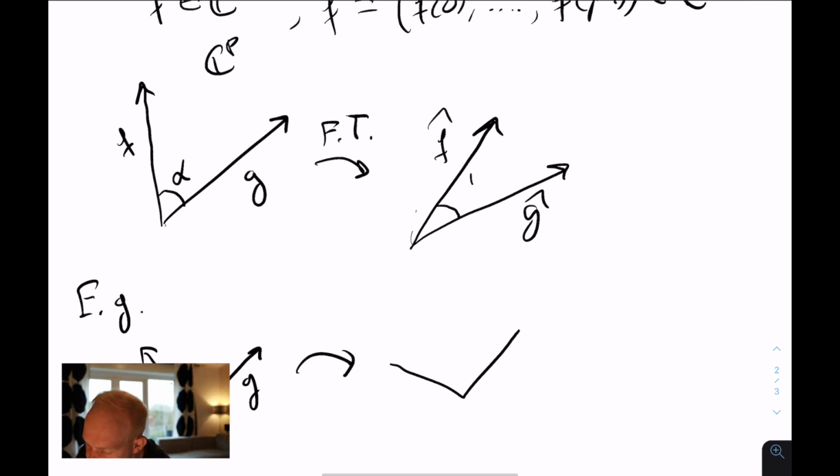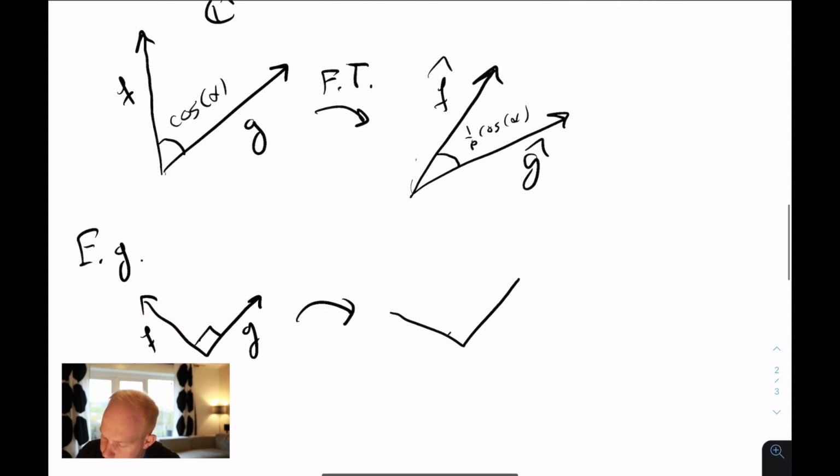I would maybe write this as some function that depends on alpha. Maybe I would use a cosine of alpha or something like this. If this is cosine of alpha, the angle that you use, then I think it's something like that. The same idea goes here, that actually these are orthogonal as well in here.